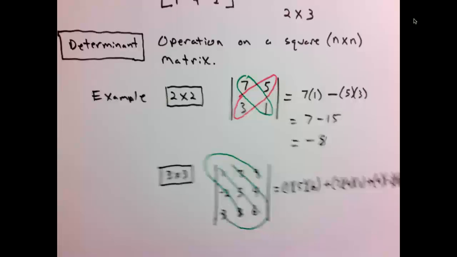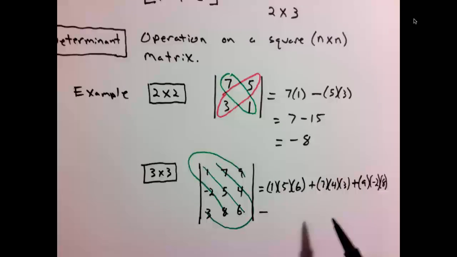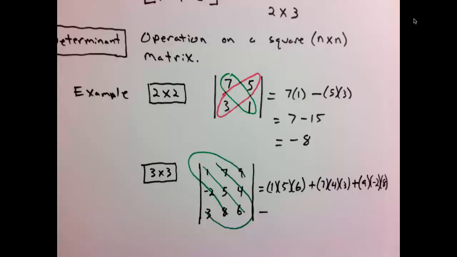Now we're going to do some subtracting. What are we going to subtract? Diagonals the other direction. We have to subtract each one of these elements.